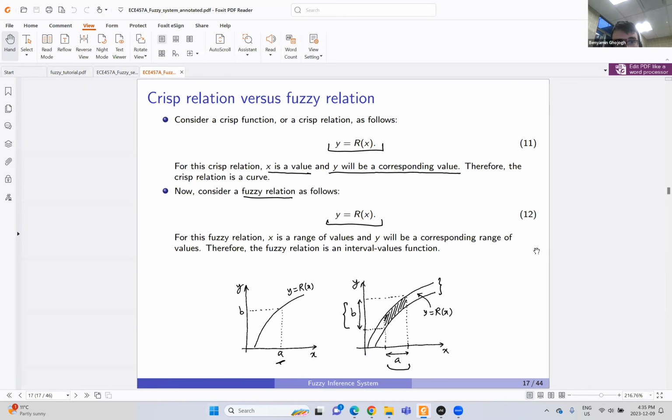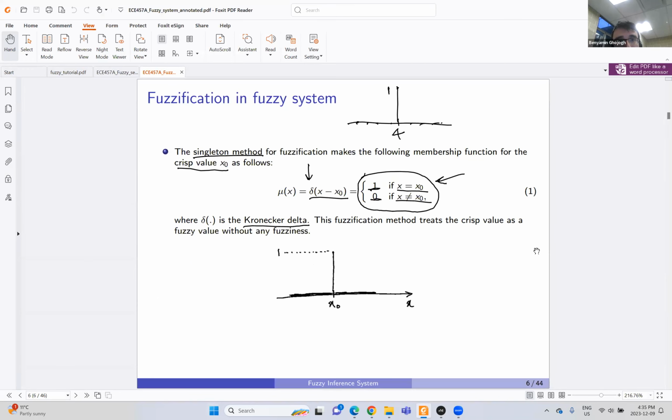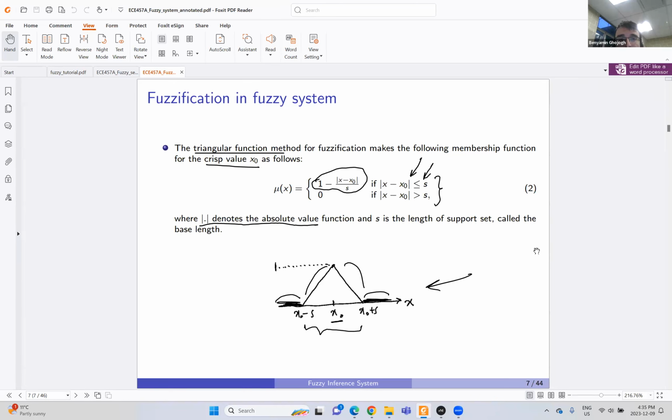It can be singleton, it can be the triangular function method, etc., right? So either I give you a crisp signal and I want you to fuzzify it and then use it, or I give you the fuzzified signal. So assume my fuzzified signal is this after fuzzification.